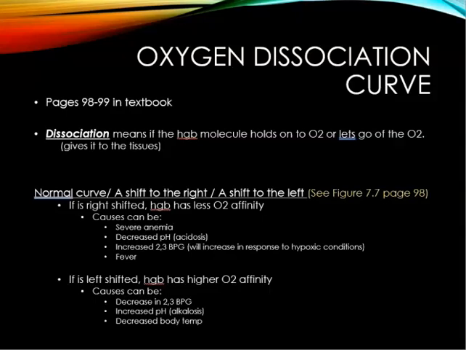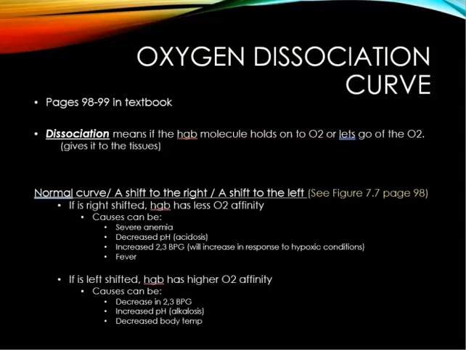If we have a shift to the right, the hemoglobin has less oxygen affinity. If you go to figure 7.7 on page 98 in your textbook, you'll be able to see the graph to visualize a little easier what a normal versus right versus left shift looks like. Again, with a shift to the right, your hemoglobin has less affinity, or less love, for your oxygen, and it can be caused by different problems with the patient.